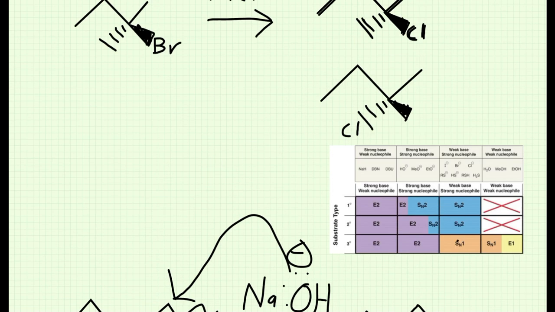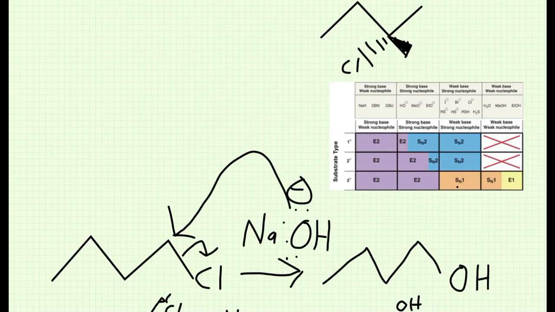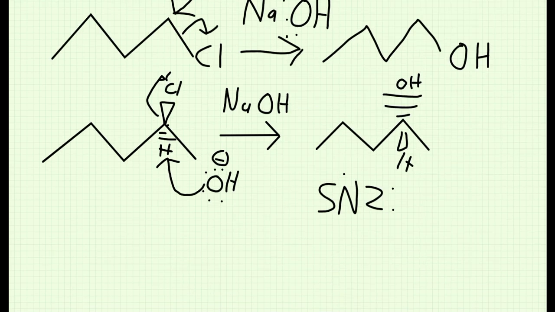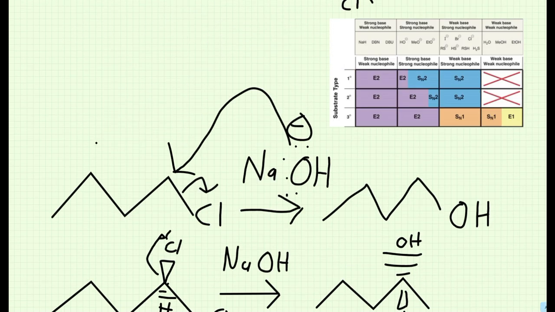So this would be what we drew up here, this Sn1, this version of Sn1. And this Sn2 right here, this starting molecule, would be an example of this. We have Sn2, substrate type, it's a primary, and OH isn't on here, but you can just assume OH right there.